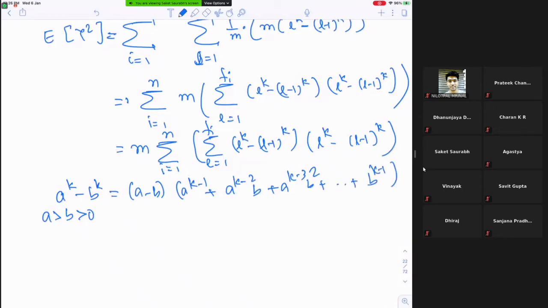Now, for A greater than or equal to B greater than or equal to 0, I can write this as less than or equal to A minus B times... So A is greater than B, right? So each of these terms is at most A to the power k minus 1, right? And there are k of them. So can I write this? Is this fine?